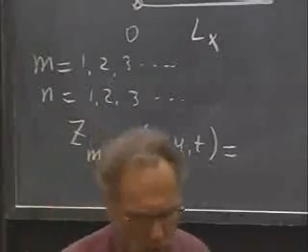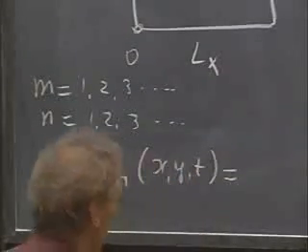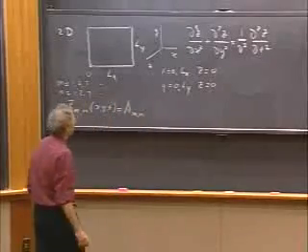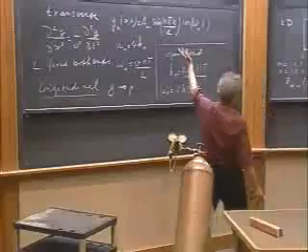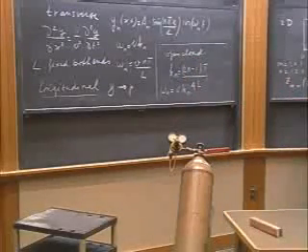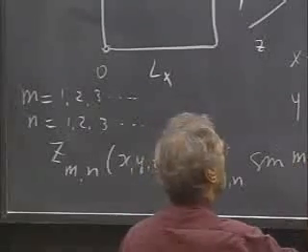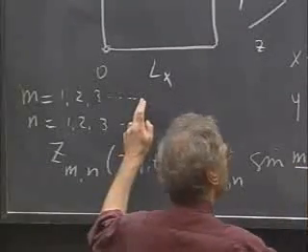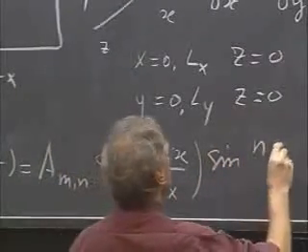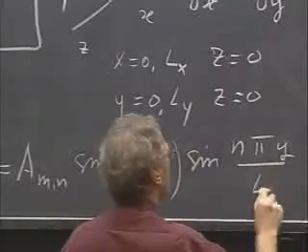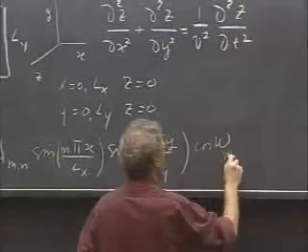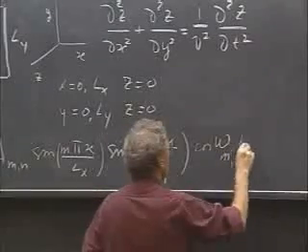So I have to introduce some kind of an amplitude, which can be different for the different modes, Mary, Nancy. And now I get something extremely similar to this, except I get two sines. So I get here sine of m pi x divided by Lx times the sine of Nancy pi y divided by Ly times the cosine of omega mn times t.